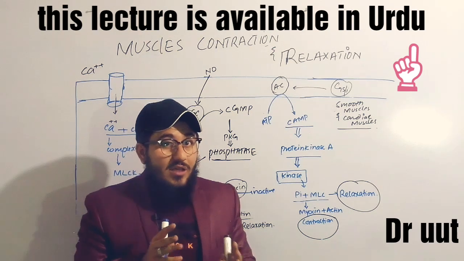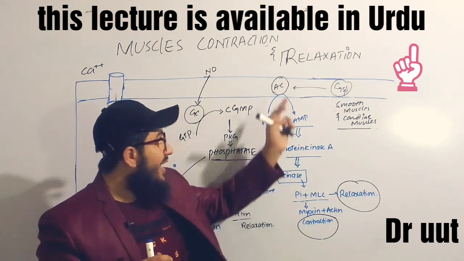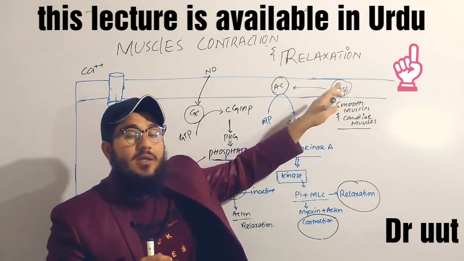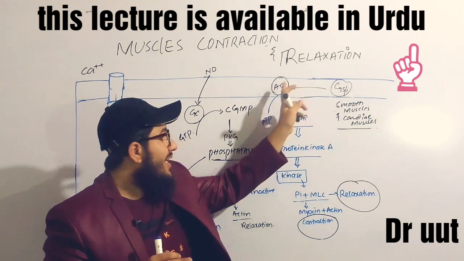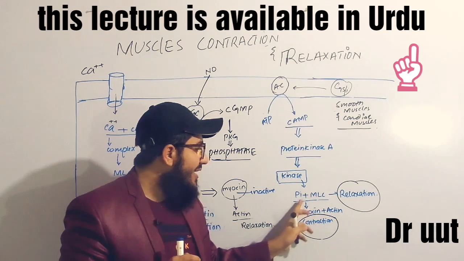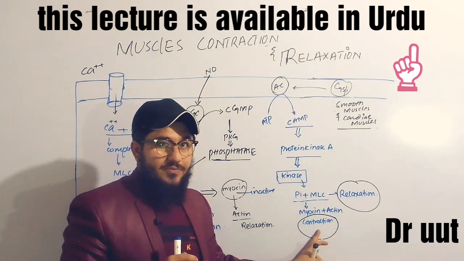Sometimes the myosin will become inactive due to phosphorylation. Now what is the logic behind activation and inactivation? The very logic is that if the adenylyl cyclase is getting the signal from the Gs coupled receptor, then the phosphorylation of the myosin light chain will activate the myosin, then the myosin will interact with the actin and it will cause the contraction.